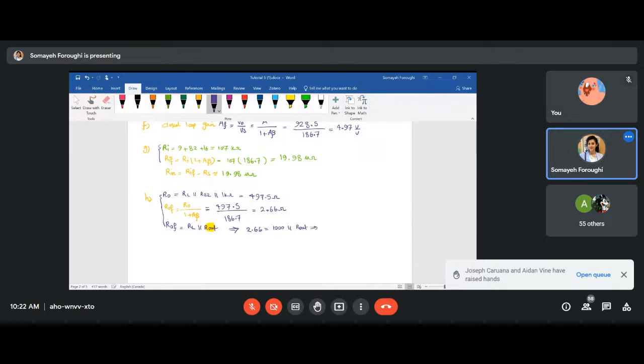So it's 1,000 times Rout over 1,000 plus Rout, equal to 2.66. If you do some rearrangements, you can find your Rout. And your Rout is nothing but the same as 2.66 ohm. It's because 1,000 is way larger than 2.66. When you have these two in parallel together, the parallel equivalent will again become the same as 2.66.